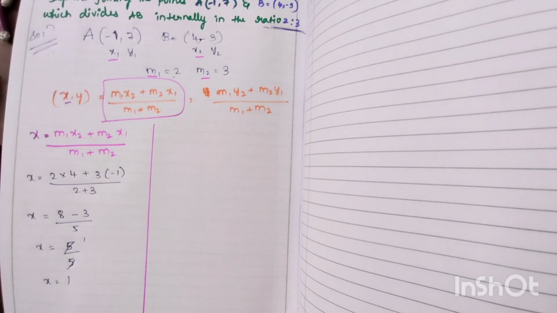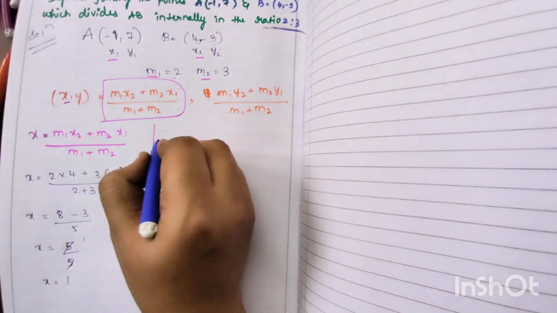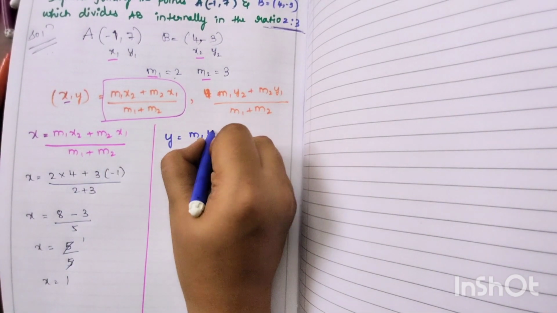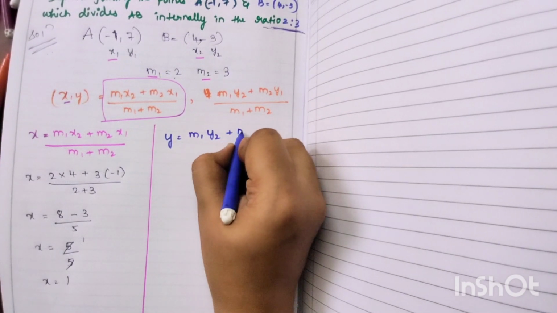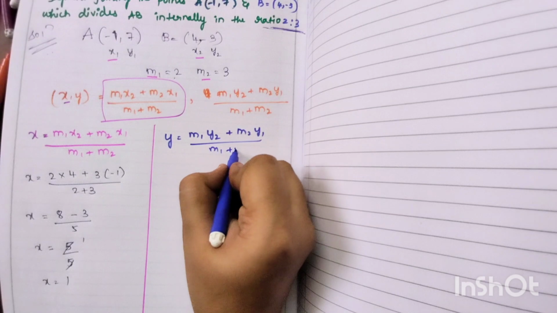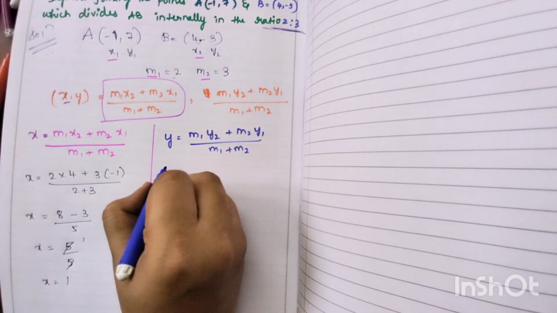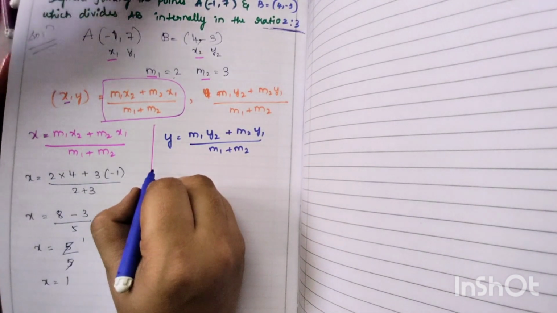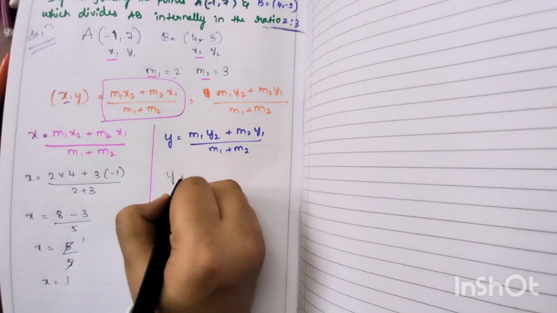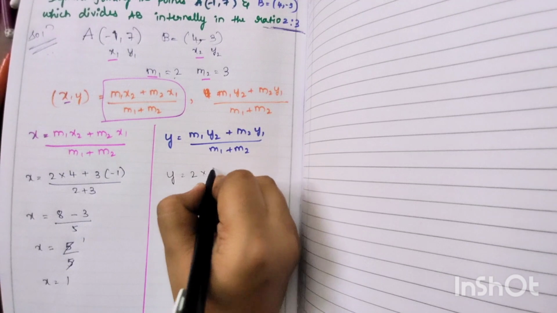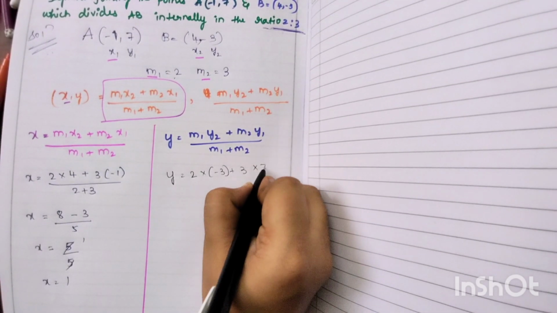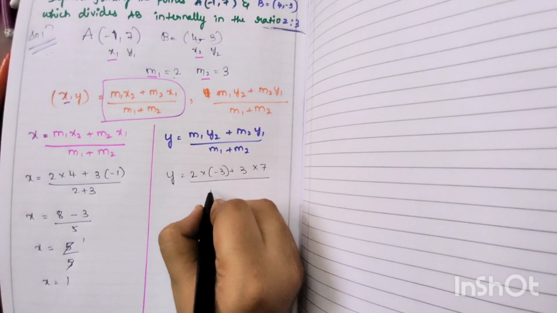Next we'll find for y. y is equal to (m1 y2 plus m2 y1) divided by (m1 plus m2). So after substituting all of them, what do we get? y is equal to 2 into minus 3 plus 3 into 7 divided by 2 plus 3.